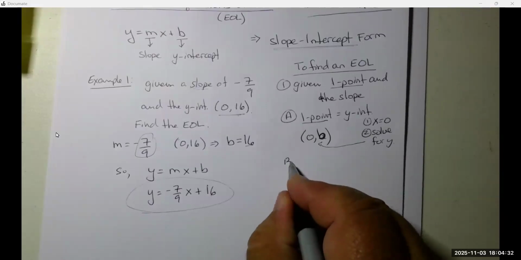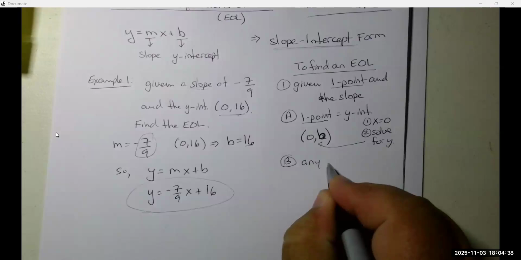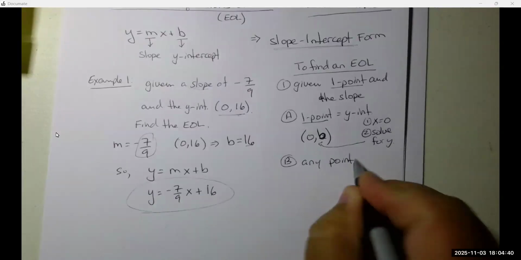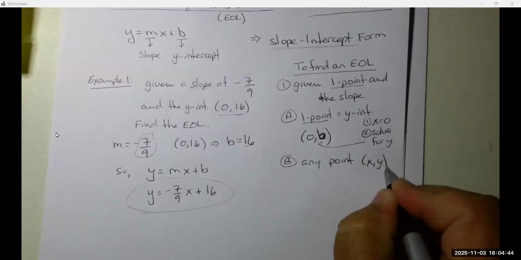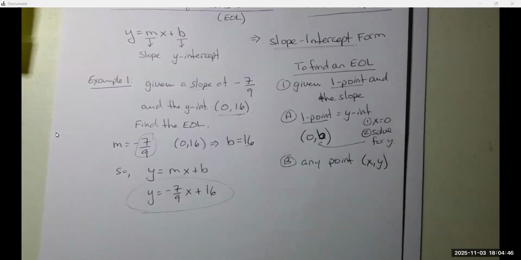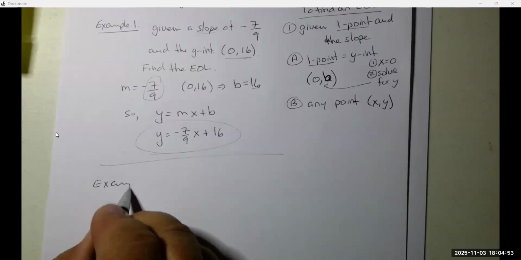And the next one, what if you're given any point? Any point, x, y. That's what example 2 is going to be.